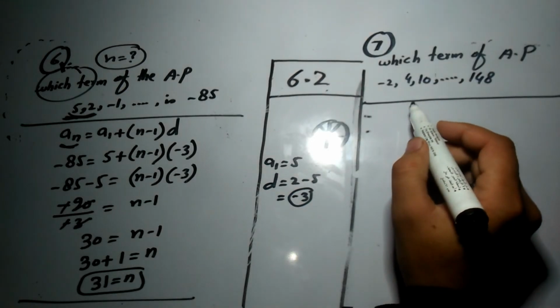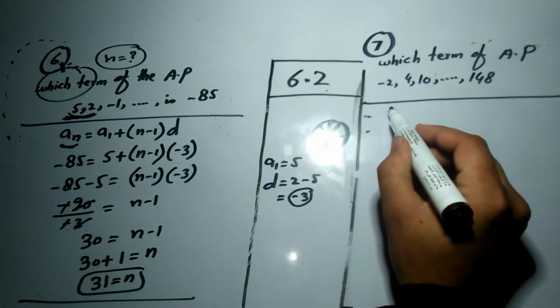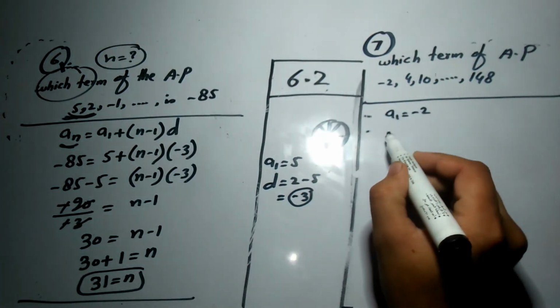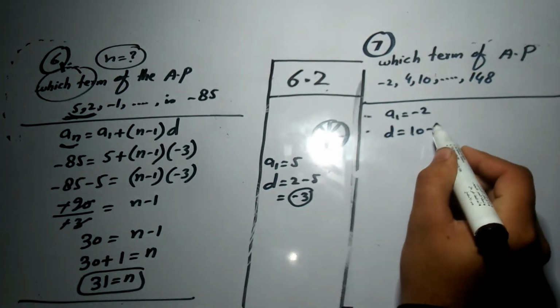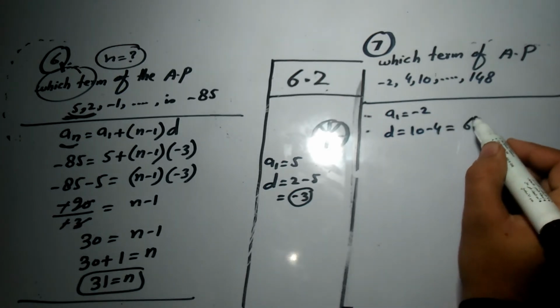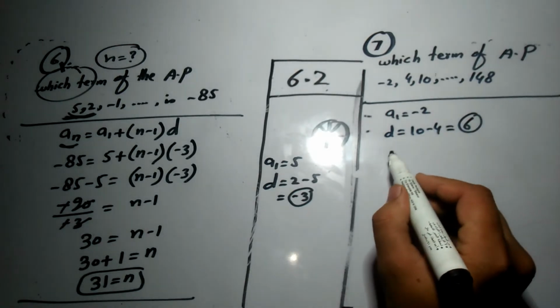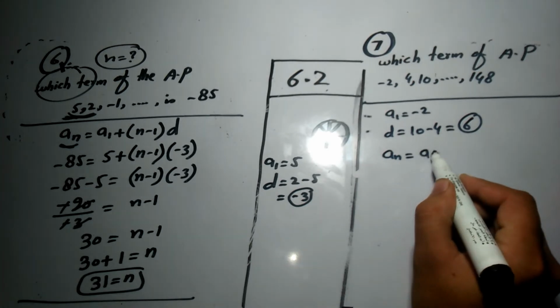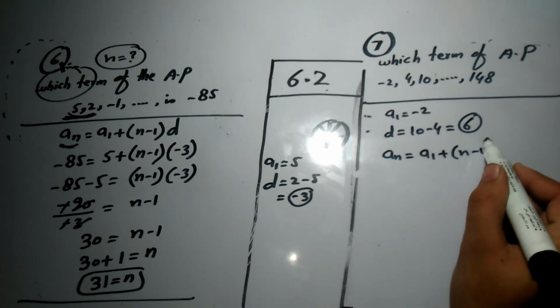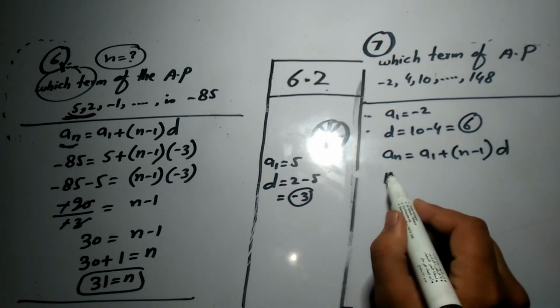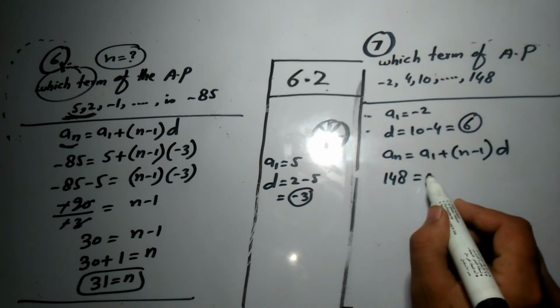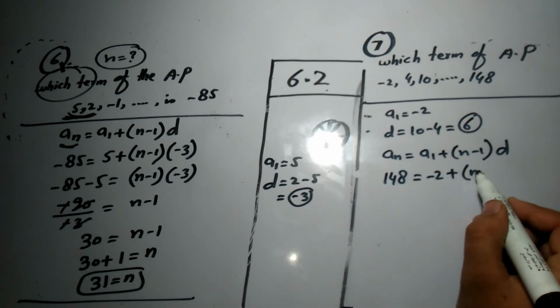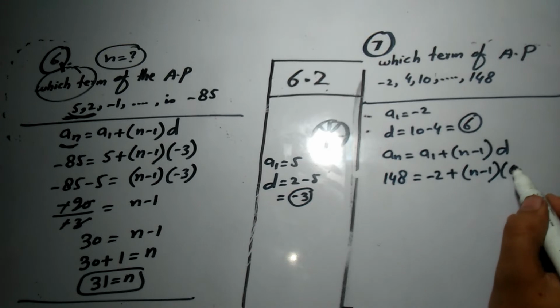Here in this question we had to find the value of n. a1 is equal to minus 2, d is equal to 10 minus 4, which will be equal to 6. So an is equal to a1 plus n minus 1 times d. So an is equal to 148, a1 is equal to minus 2, plus n minus 1 times d, d is equal to 6.